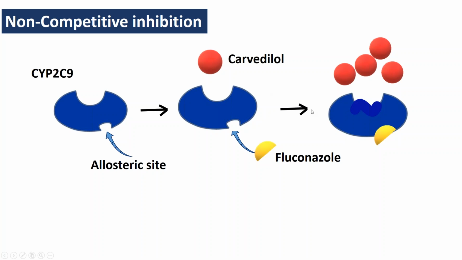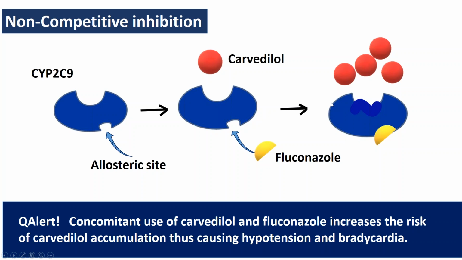As a result, carvedilol cannot bind to the CYP2C9 enzyme, which results in accumulation of carvedilol. So when someone takes fluconazole and carvedilol together, that can result in increased side effects of carvedilol, which can cause hypotension and also bradycardia.